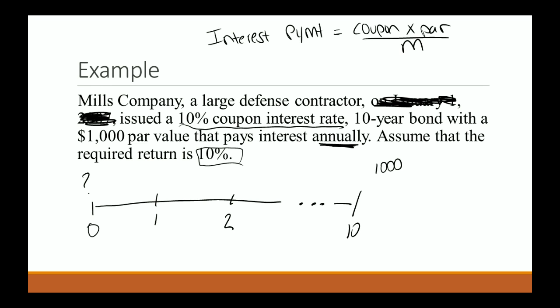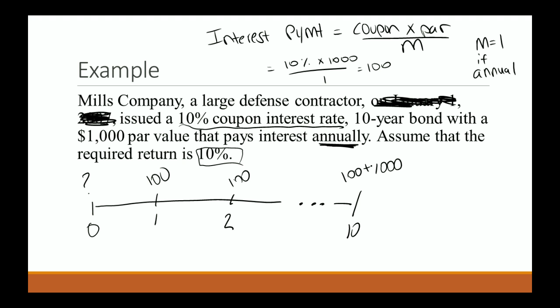So your compounding frequency would be 1. So our interest payment is equal to our coupon rate times our par value divided by our compounding frequency of 1 to give us a $100 interest payment that we would receive once per year. We receive that every year, including the 10th year, so we can put a plus sign there.